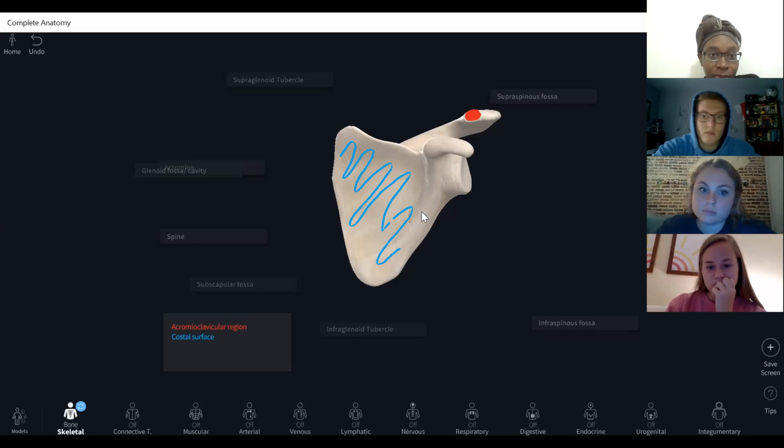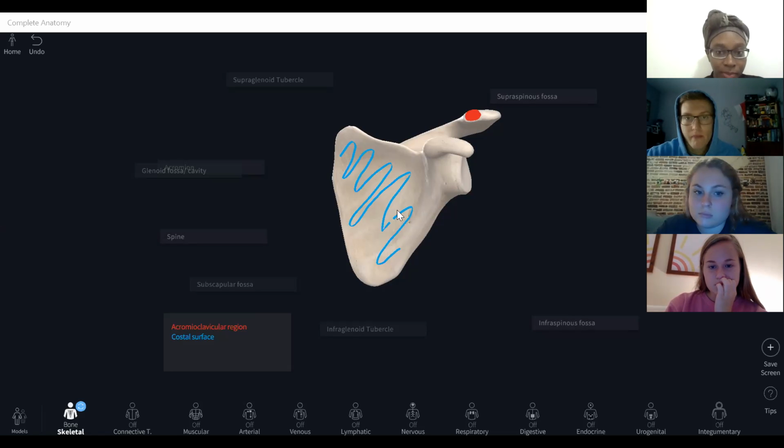But what is fossa? I think there's something happening in the chat. Shallow depression. Exactly, a shallow depression. If you think back to the fossas in our cranial cavity, those allowed our lobes to sit in place. So a fossa is just a shallow little depression. Right here, the subscapular fossa is the costal touching surface.